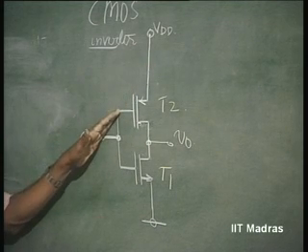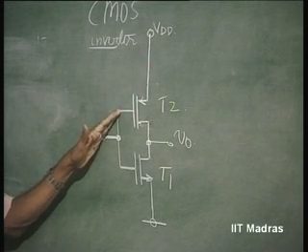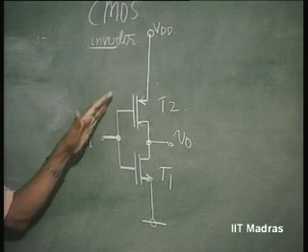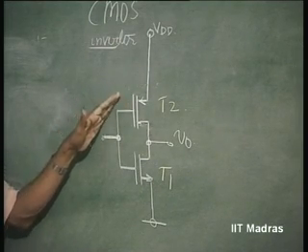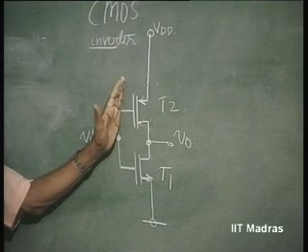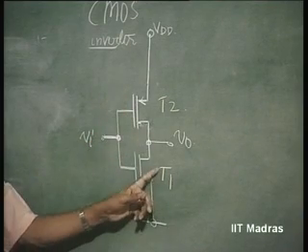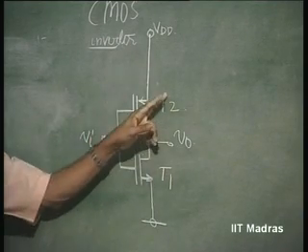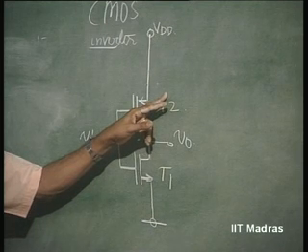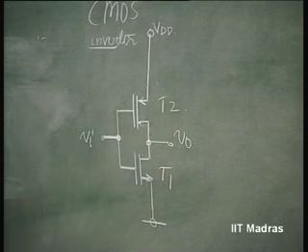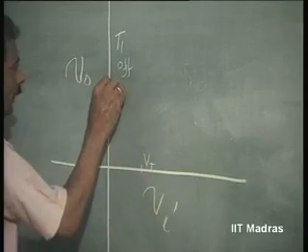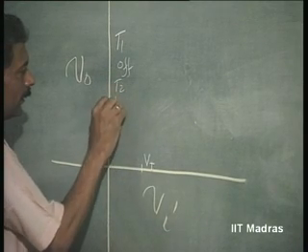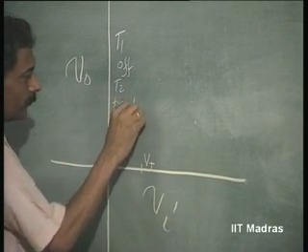This is conducting. There is considerable amount of voltage applied to this. It is only that this is in the triode region. So, T1 is off, T2 is in the triode region.